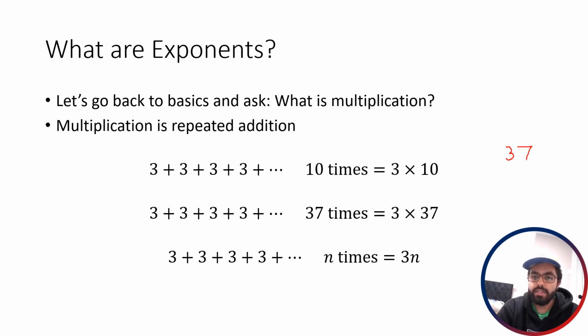You can write 37 times 3, and you can actually do the long multiplication to figure out what that answer is. So essentially what multiplication is doing is 3 plus 3 plus 3, 37 times. But with 3 times 37, you're not really doing any addition. You might do a little addition in your longer problems, right? You do your long multiplication and then your last step is a little bit of addition. Sure, but you're not really doing this 3 plus 3 business over and over again when you're solving a multiplication problem.